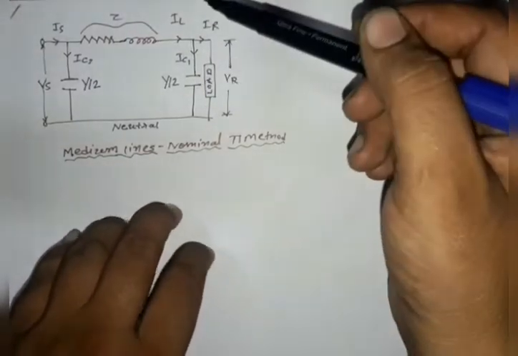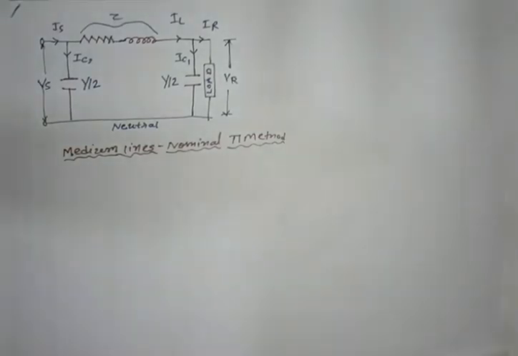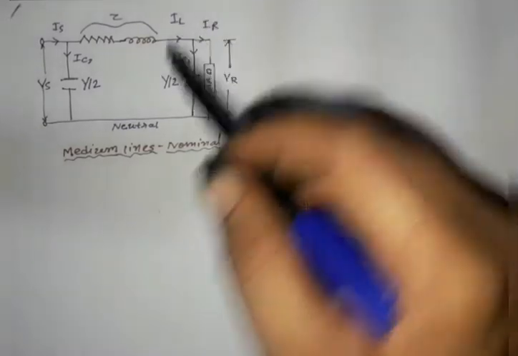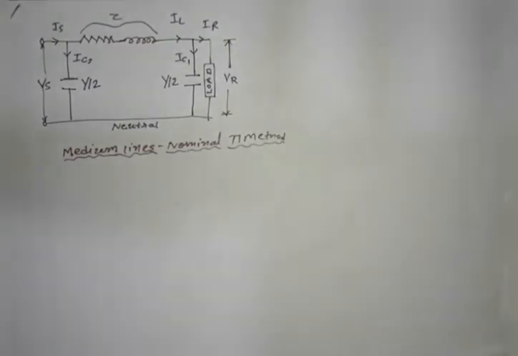So here we want to find the sending end voltage and sending end current equations based on the receiving end voltage and receiving end current. First of all, we find the sending end current.